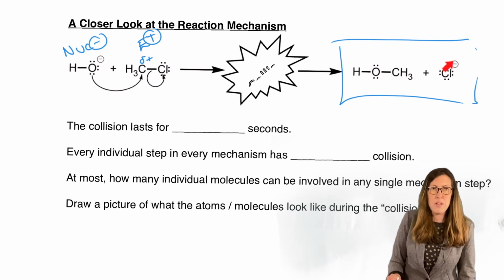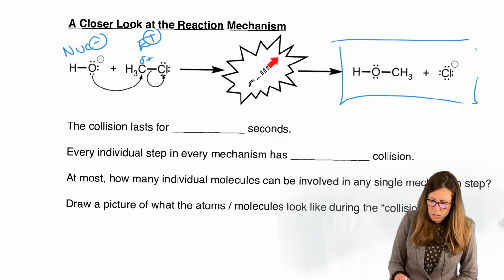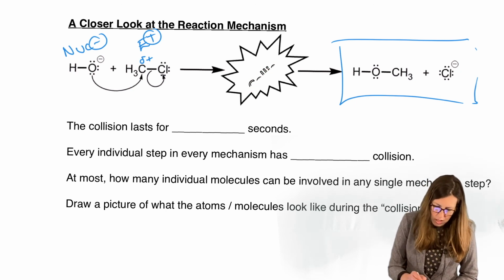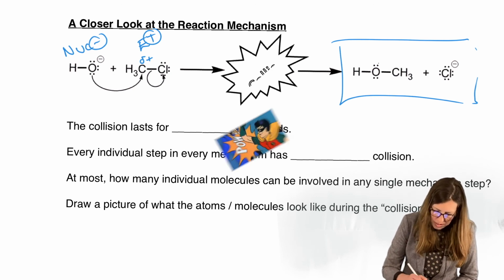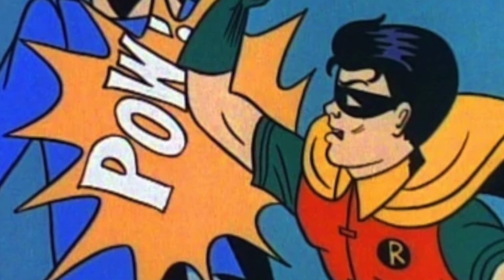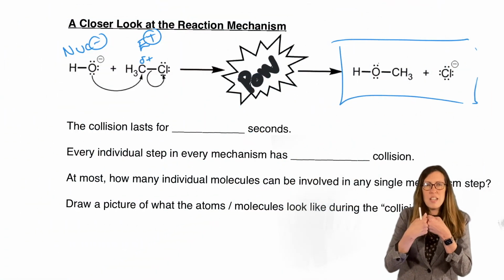That's why we don't take a lot of time to balance reactions. This got sort of marked out, but it said collision. I'll just make it say POW, you know, those comic book things. They collide, and then they come away different.